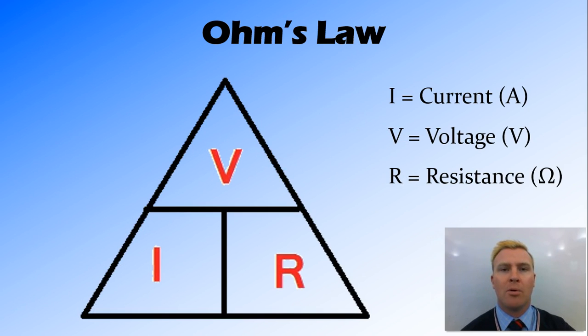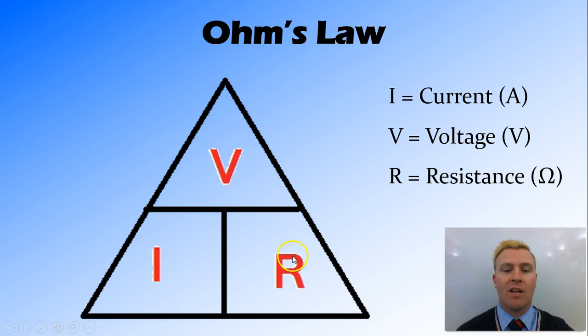We can also put this law into a neat little triangle, and the point of putting it into the triangle is it's an easy way to rearrange the equation into the form that we need it. So all you do to use this triangle is cover up the thing that you don't know or the thing that you're looking for. So for example, if we pretend that this V isn't here, it's V equals I times R because they're next to each other.